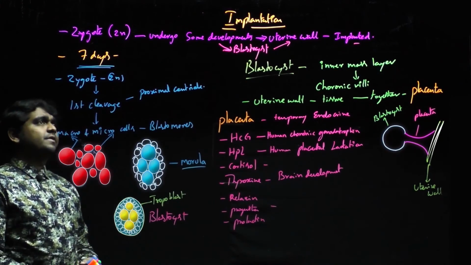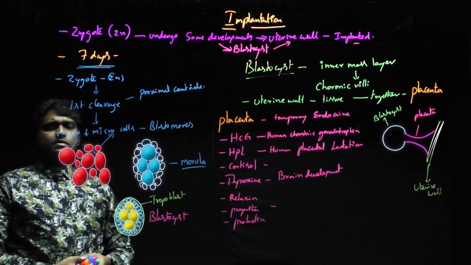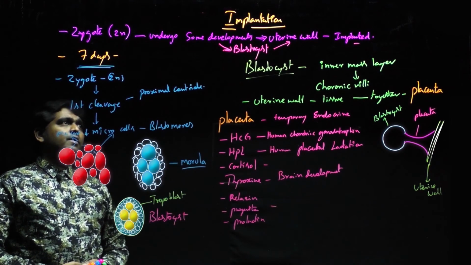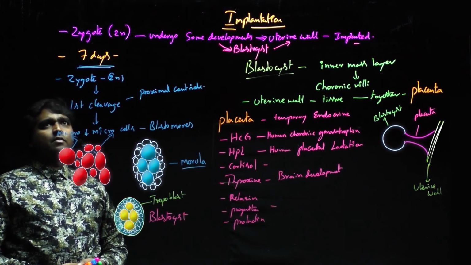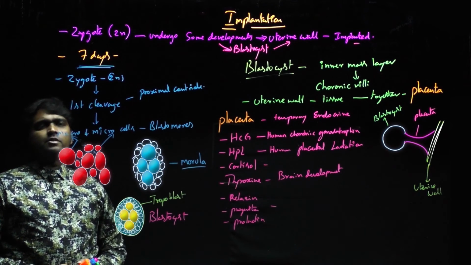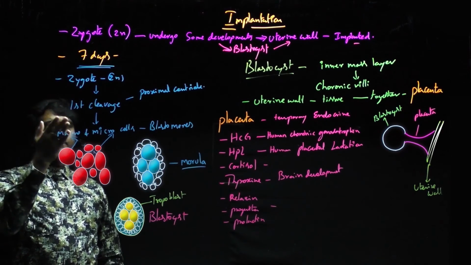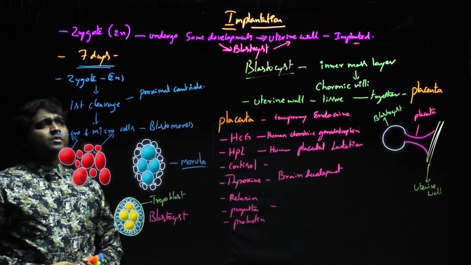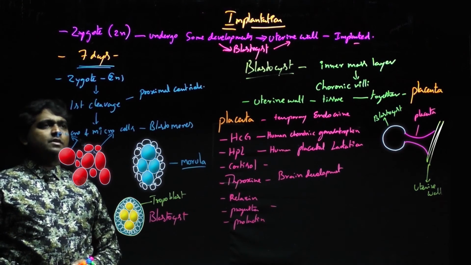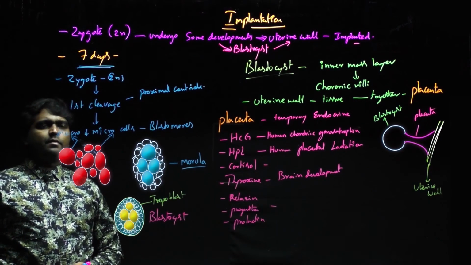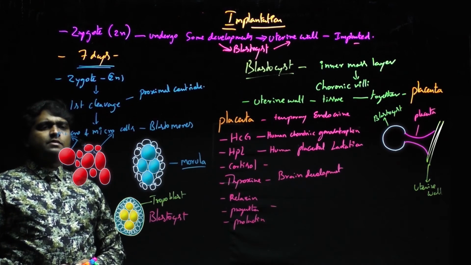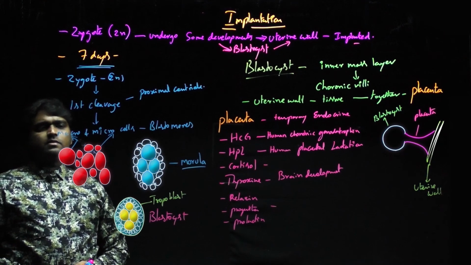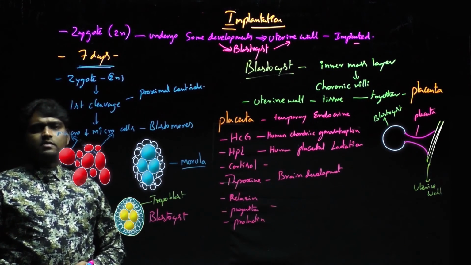Once again I will repeat. After fertilization and before implantation there is a development, which takes 7 days. The zygote develops through first cleavage by the help of the proximal centriole. The cleavage produces two different sizes of cells, microcells and macrocells.